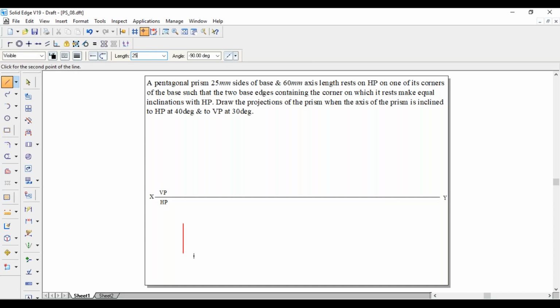So 25 mm is the edge. Now with respect to this line, this angle should be 72 degree while drawing manually.